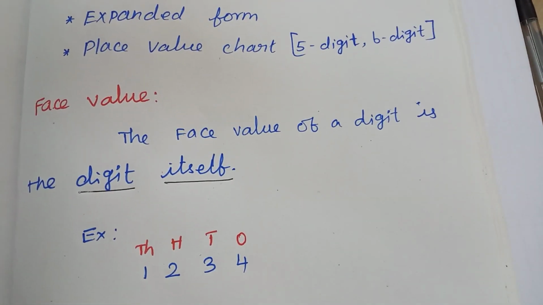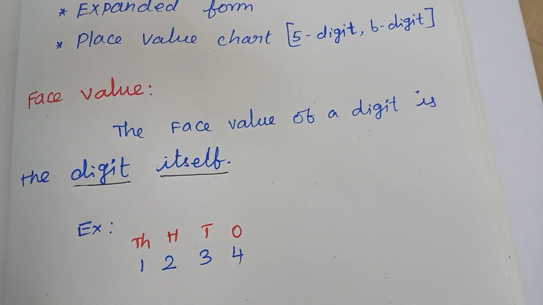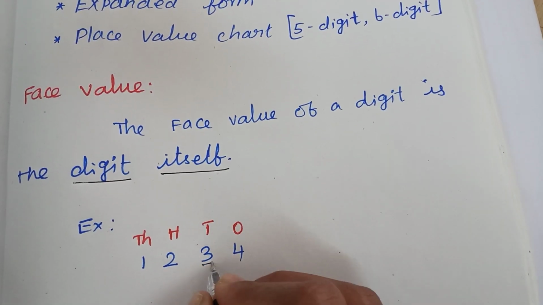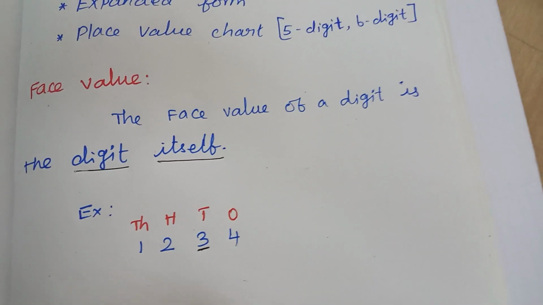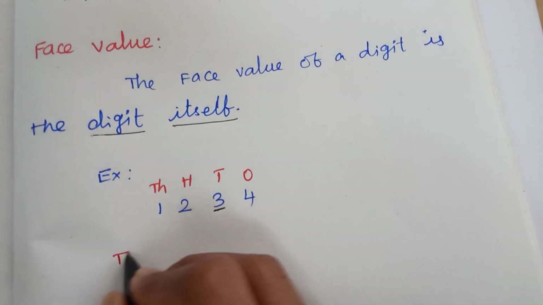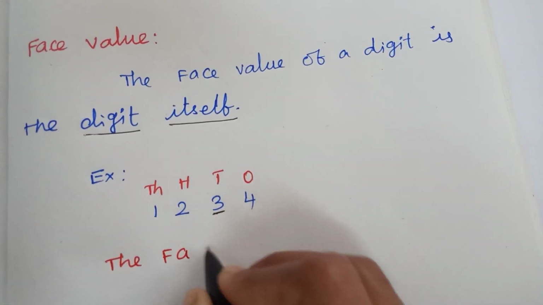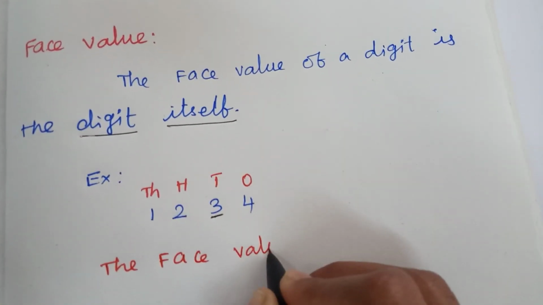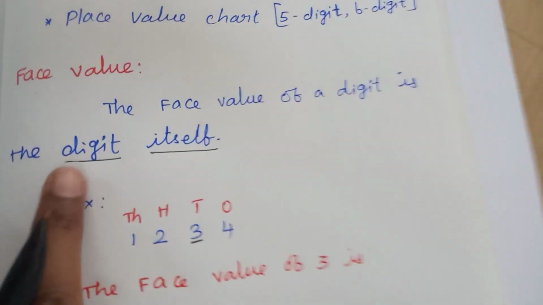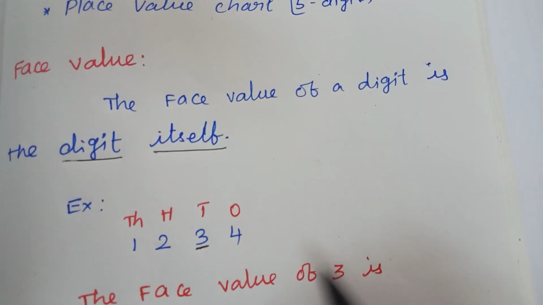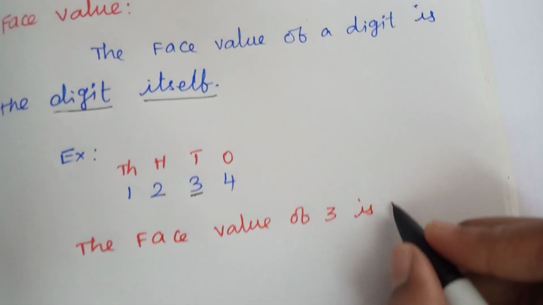Now we find the face value of the underlined numbers. Listen. The face value of 3 is, what is the key point? Digit itself. So the face value of 3 is 3.